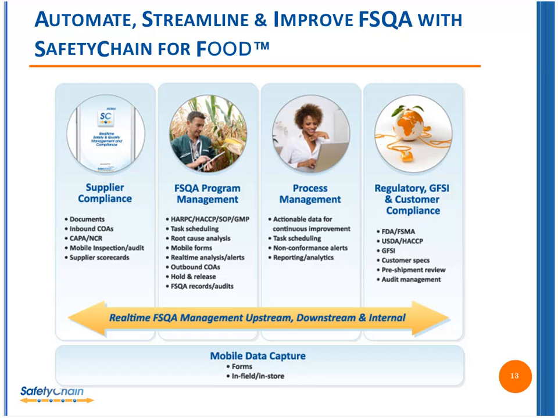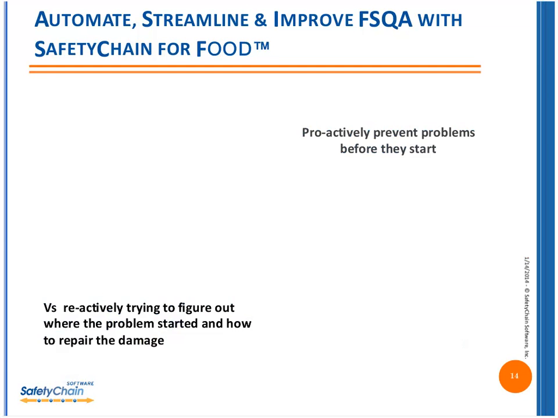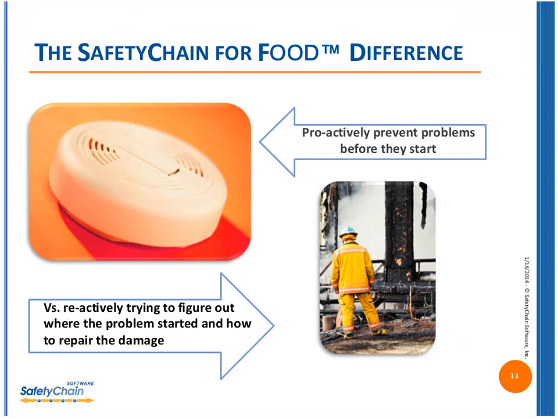Again, actionable data, all in one centralized time and date stamped database with all of your regulatory and GFSI and customer compliance needs. And also with mobile data capture through forms and allowing you to get information at the closest point possible. Really, when you think about the whole concept of prevention, SafetyChain is like your smoke alarm in the cloud.